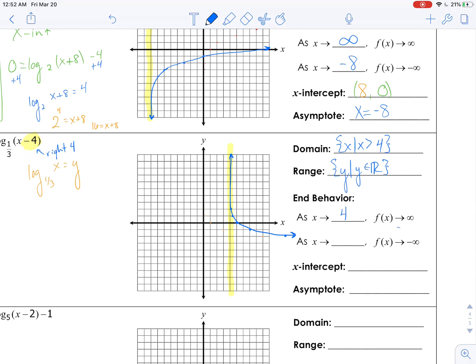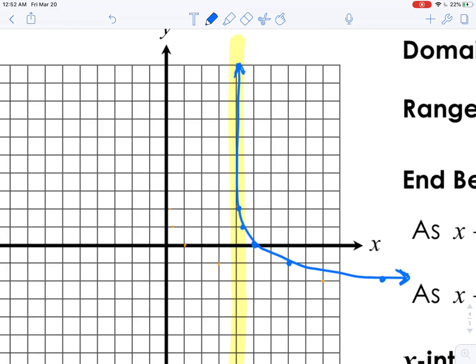So as I approach that asymptote of +4, I'm getting these very big y values. And that leaves us with positive infinity. So as I keep going farther and farther to the right toward positive infinity, then I'm getting these lower y values.